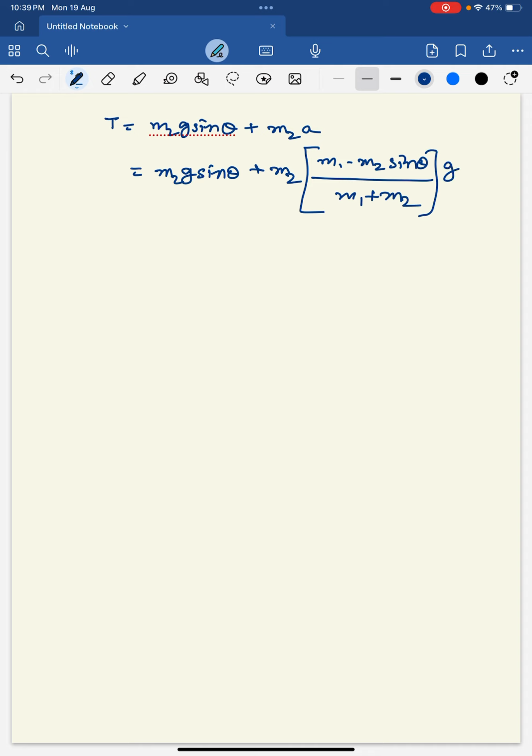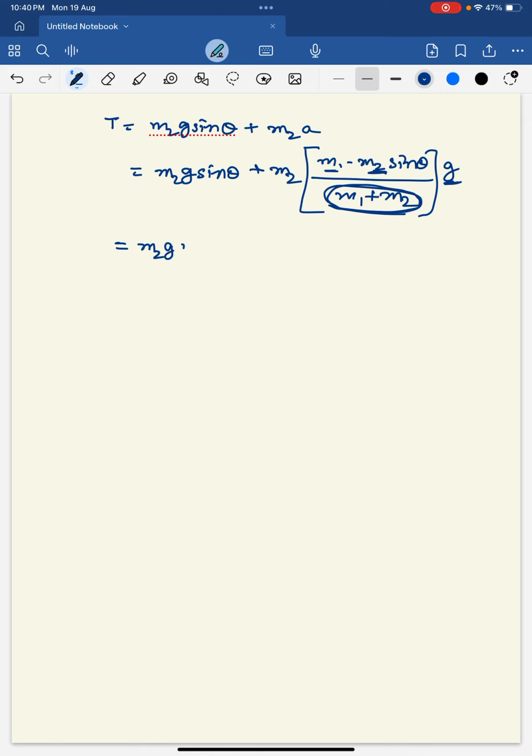Okay, so now what I'm doing here, actually this g is multiplied with m1, g is multiplied with m2, so I'm going to the next step. So the denominator m1 plus m2 is there, no? Correct or not? Let's see the step.